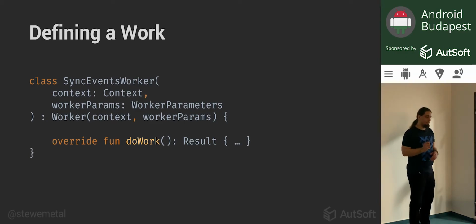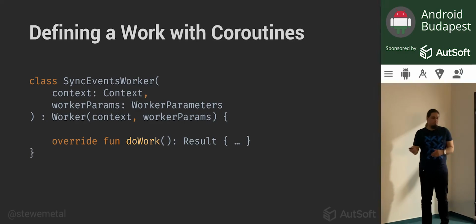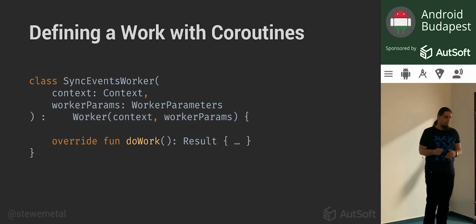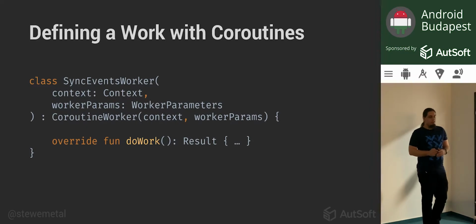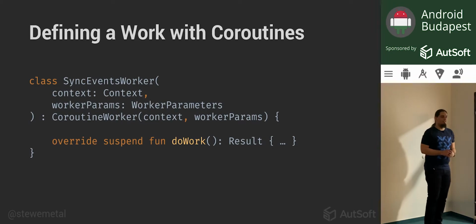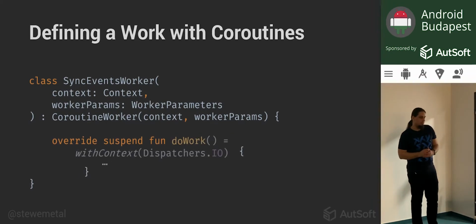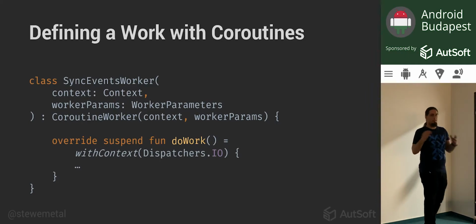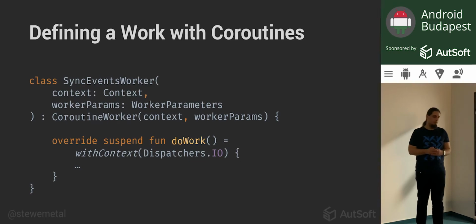There is some extra stuff here, like coroutine support. For supporting coroutines, we only have to inherit from CoroutineWorker instead of the normal Worker. And with this, we get the superpower of a suspending doWork function. With this, we have the opportunity to use everything we do in coroutines in the other parts of our code.